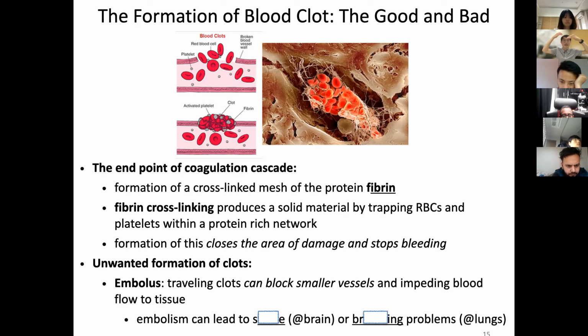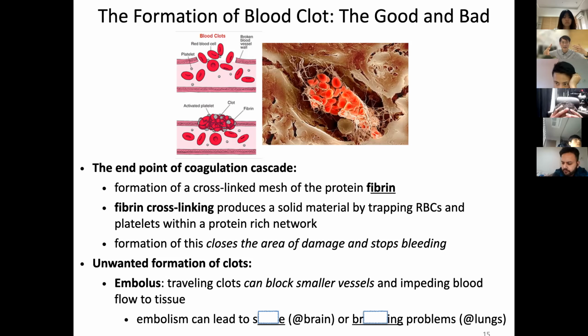When there is a cut in the blood vessel, that's an emergency, right? So RBCs will leak out, and the platelets, when they come into direct contact with the outside of the blood, such as extracellular matrix, that triggers, hey, there's an emergency.